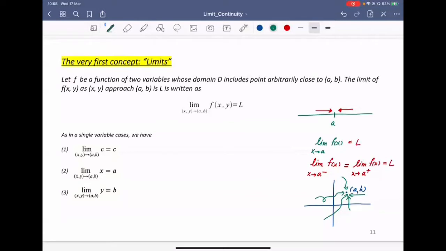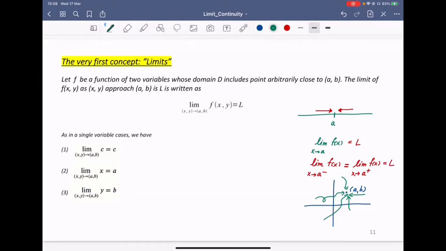Well, we're going to consider that as one case of the limit. So how do I adjust the extension into two dimensions? That is the idea we're going to talk about today.